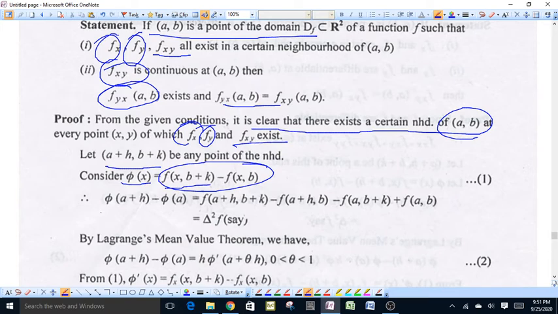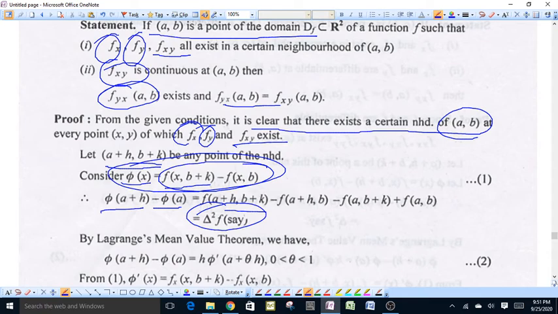Now phi(a+h) - phi(a) will be equal to f(a+h, b+k) - f(a+h, b) - f(a, b+k) + f(a, b). Suppose this is delta square f, say.